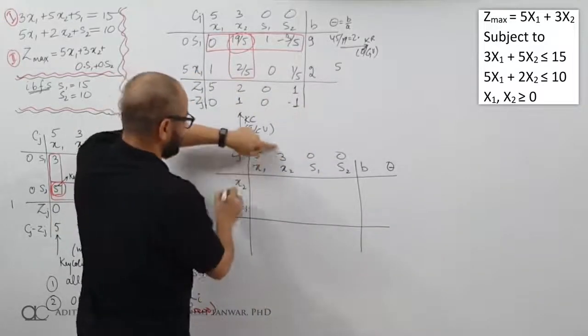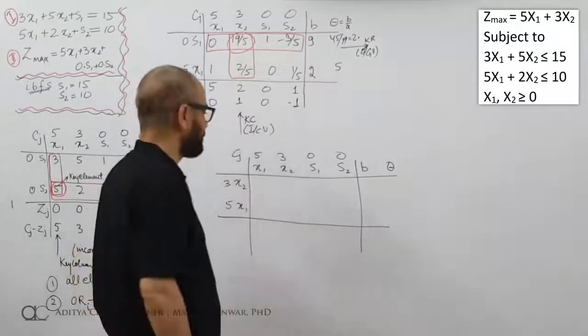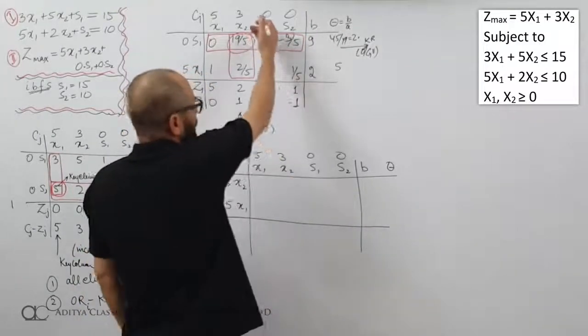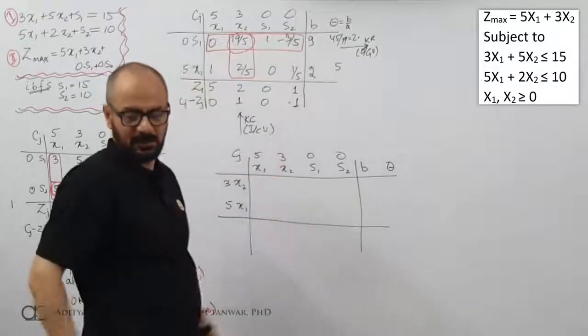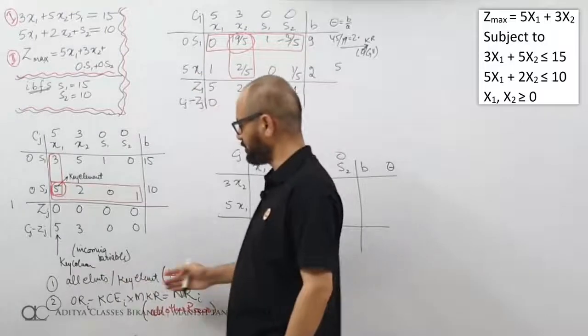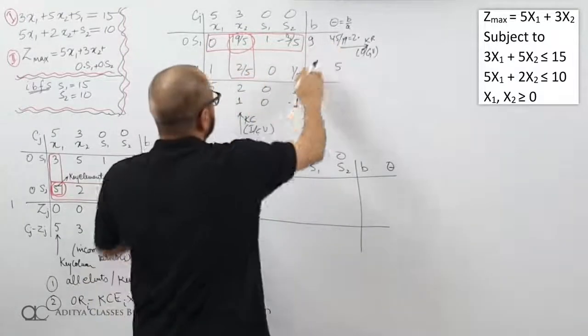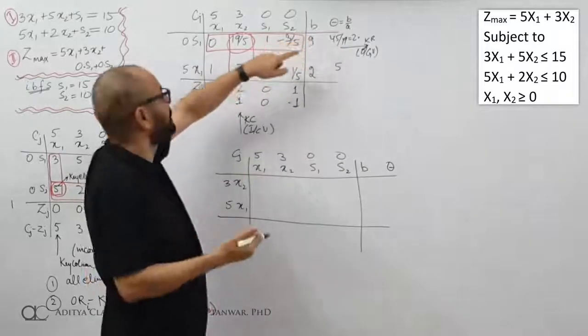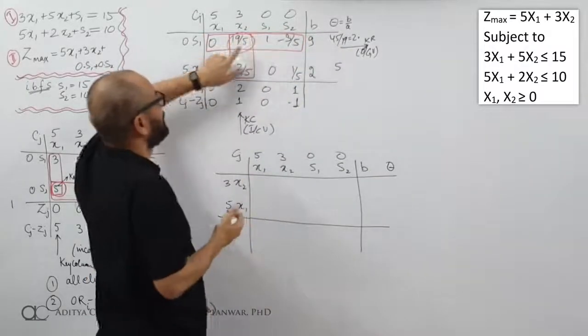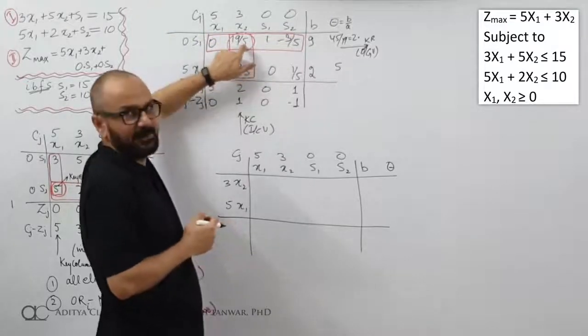Contribution of x2 is 3, contribution of x1 is 5. Now I need to transfer these rows over here. What are the rules for transferring? The key row is transferred after dividing all elements by the key element.